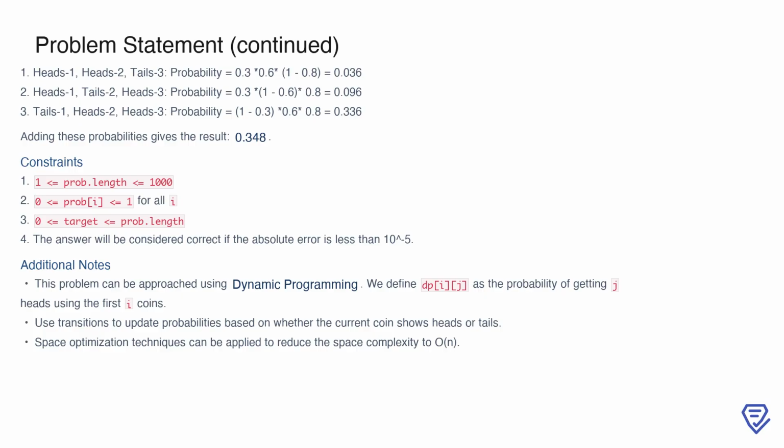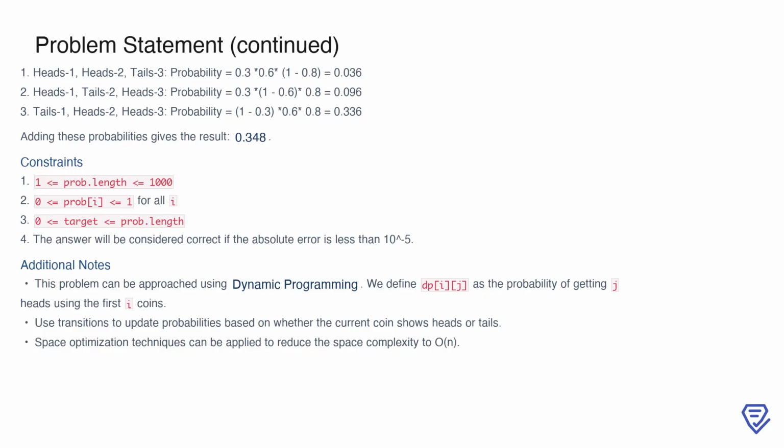Finally, if the second and third coins show heads and the first shows tails, the probability is (1 - 0.3) * 0.6 * 0.8, which equals 0.336. Adding these probabilities together gives the total probability of exactly 2 heads: 0.036 plus 0.096 plus 0.336, resulting in 0.348.